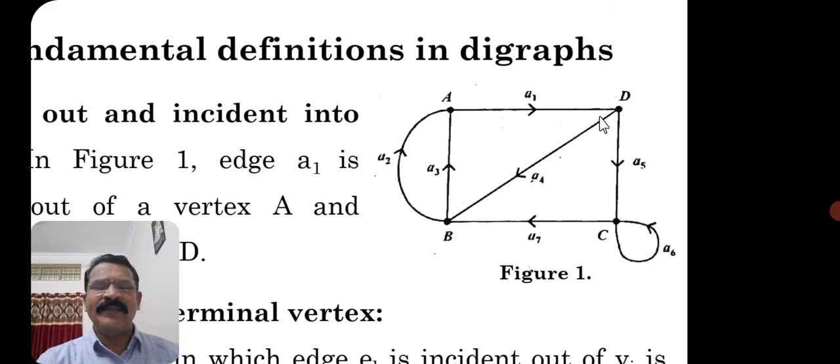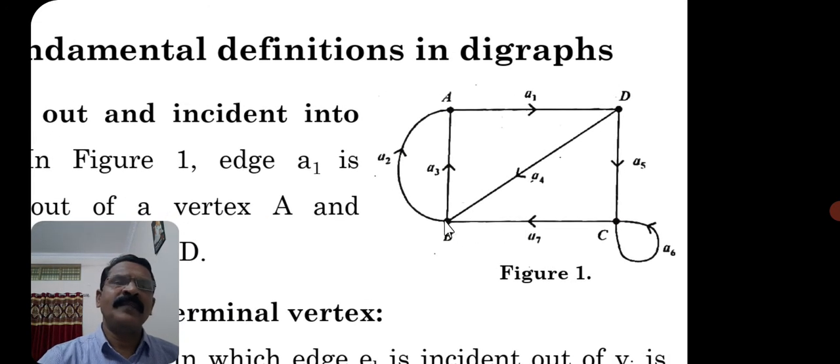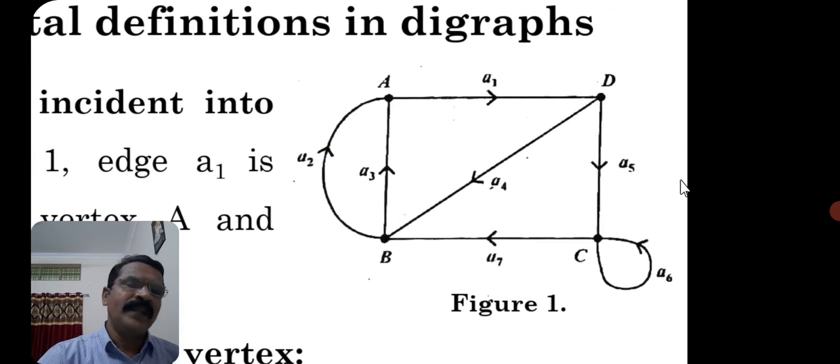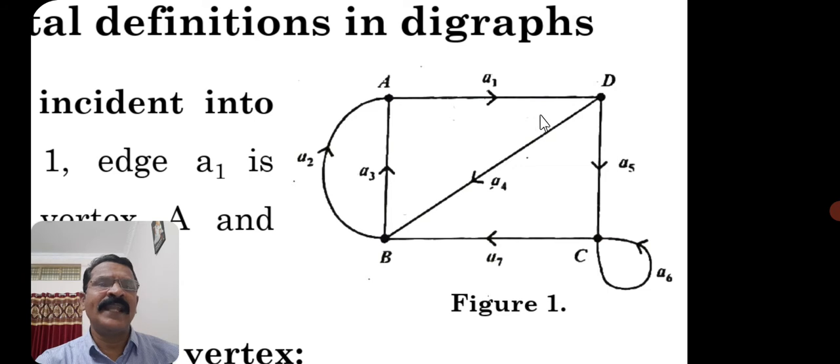So edge A1 is incident out of a vertex A and incident into a vertex D. So the edge is from A to D. For example, if I consider the edge A4, see the direction, that is very important.